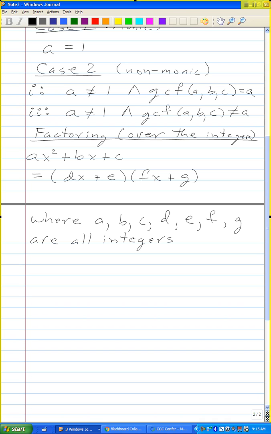If instead they were all rational numbers, then we would say that we're factoring over the rationals. So in that case, a, b, c, d, e, f, g are all rationals.